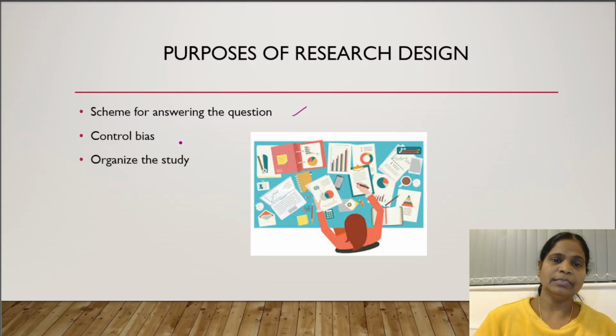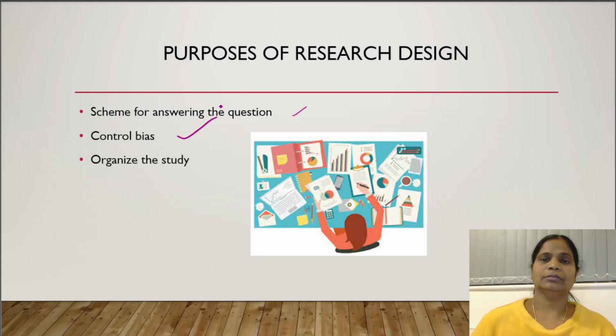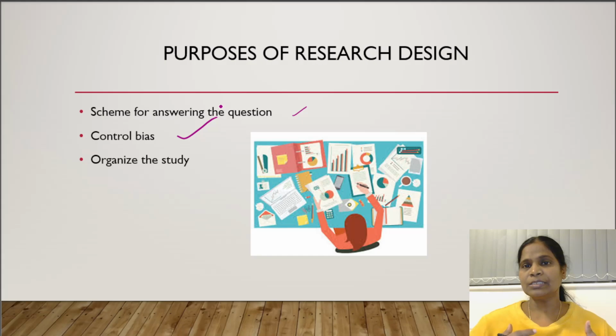Then the next one is bias or control. Biases are nothing but our personal opinions, personal views, and personal perspectives. So when we have a good research design, our personal bias will not come in between. Our opinions don't matter. What is the truth and what is the fact is what matters in research.